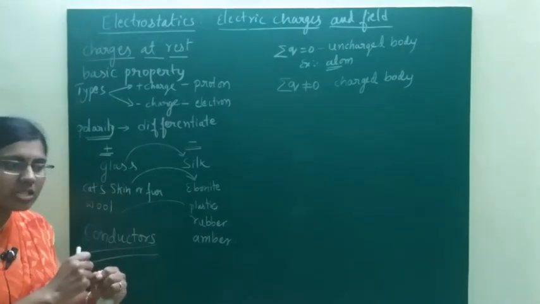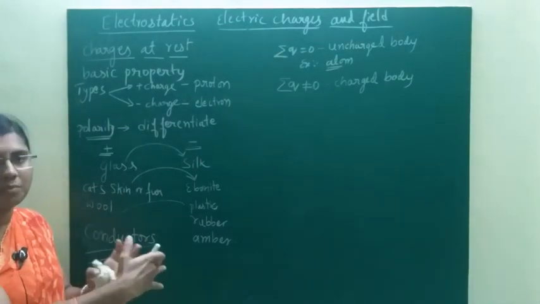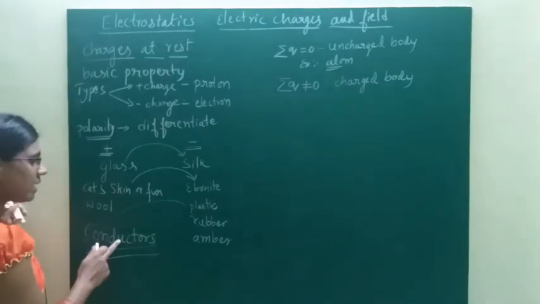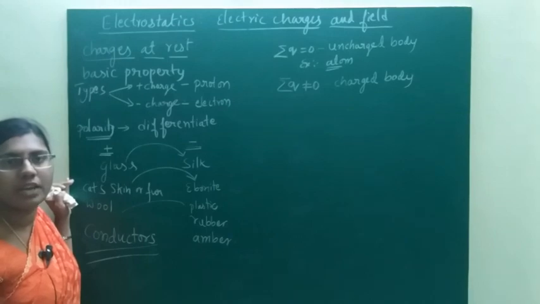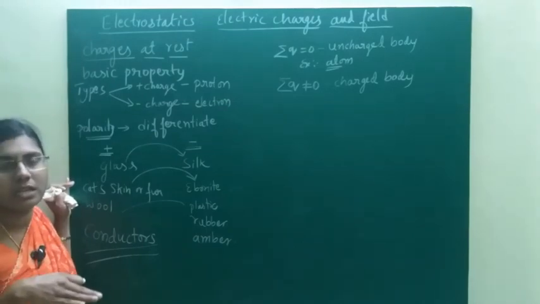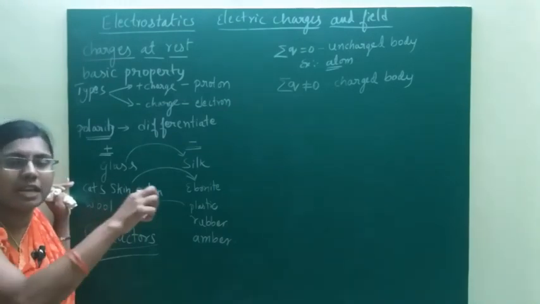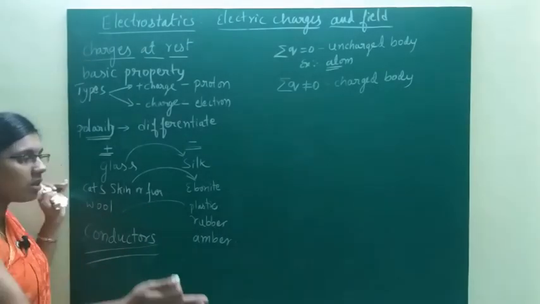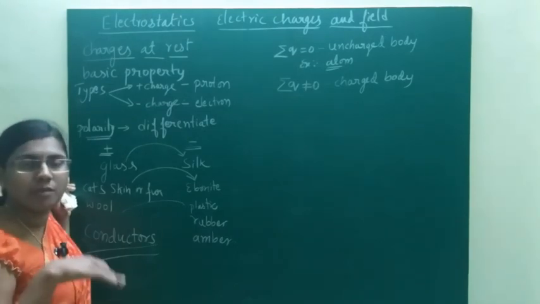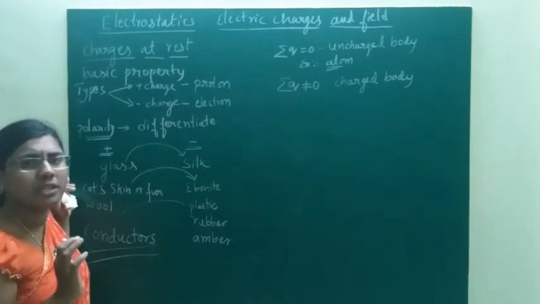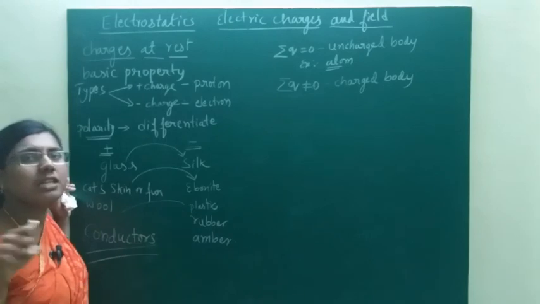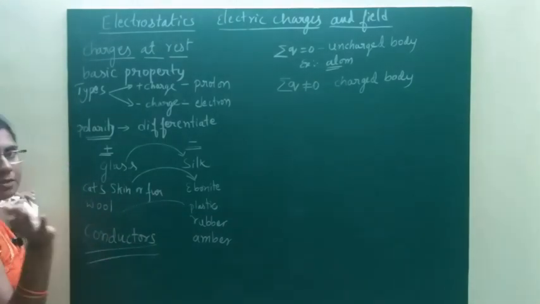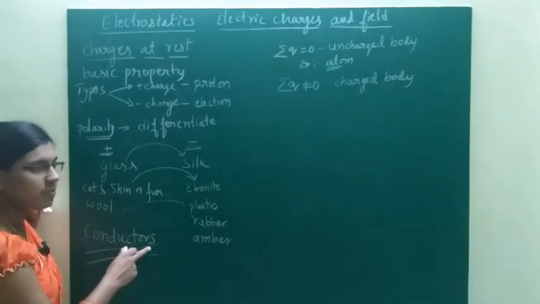If electric charges flow easily through some substances, those substances are called conductors. For example, all metals are conductors because they easily allow charges to pass through them. Earth, the human body, and animal bodies are also substances that easily pass charges, so they are called conductors.